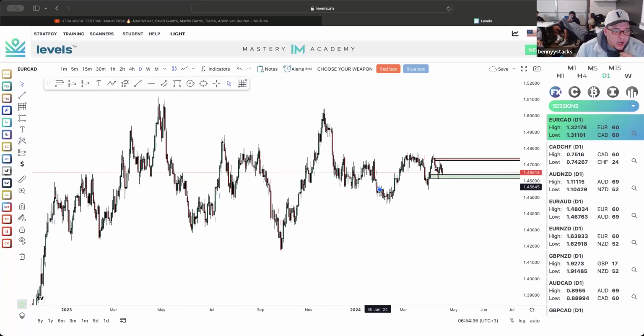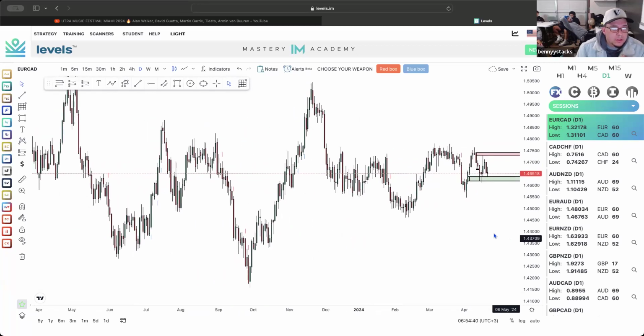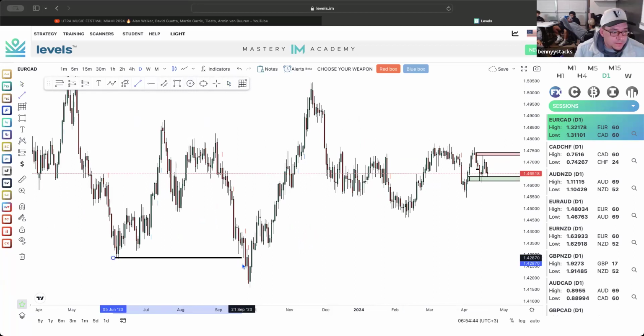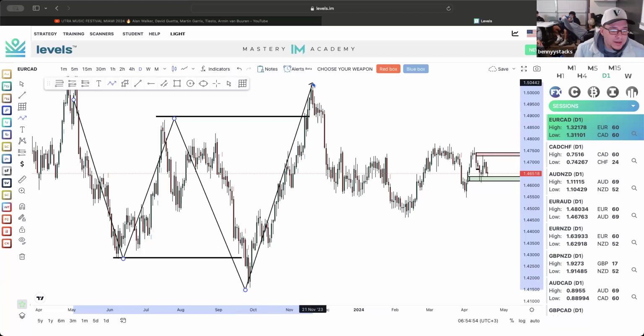This is what I'm seeing on the daily. Daily structure: we break and close below here, and then we break and close above here. So we have a giant inverted head and shoulders, neckline, head, change of character, right?